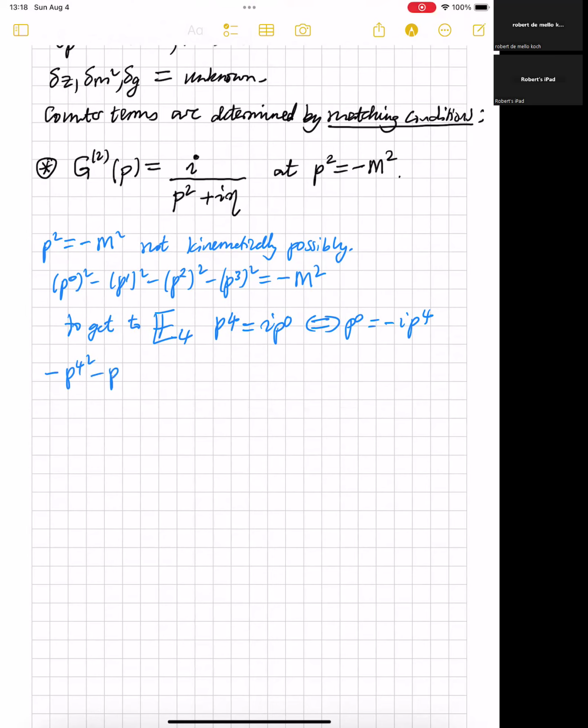This is minus P1 squared minus P2 squared minus P3 squared. And this should be equal to minus m squared. Okay, so just pulling out a minus sign, we learn that the square of the Euclidean momentum is m squared.